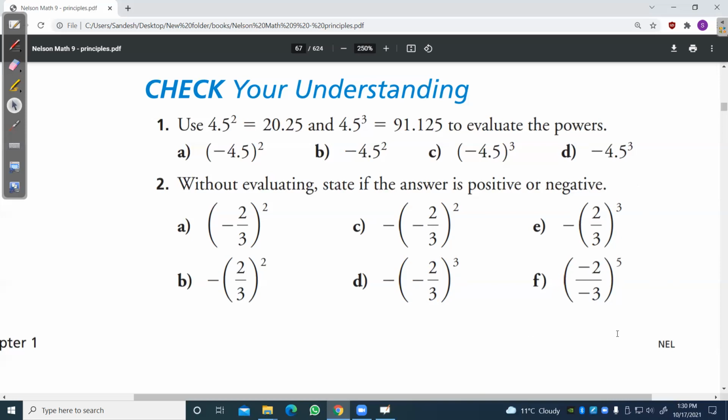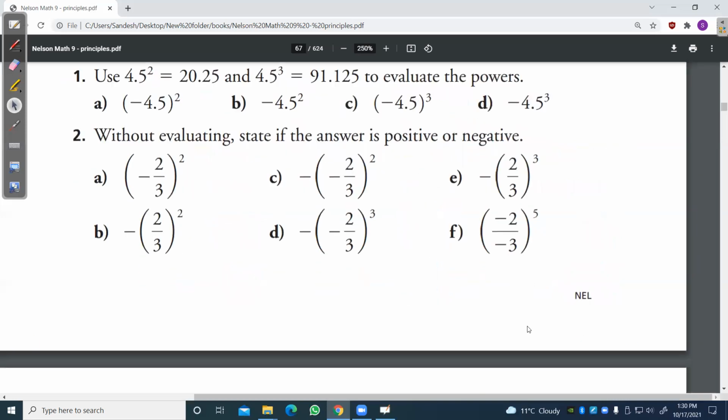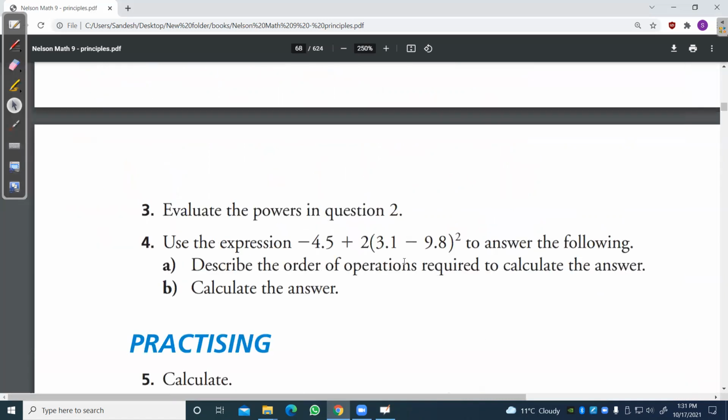Now F. Is it a positive? Yeah, F is a positive because you can just cancel out the negative signs before you even open the brackets. They're basically just doing 2 over 3 to the power of 5.